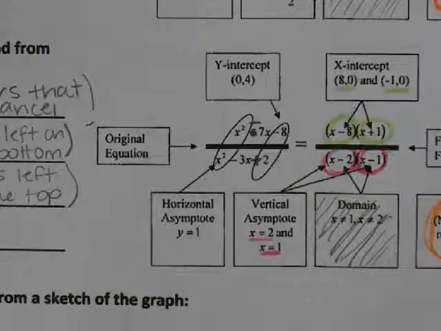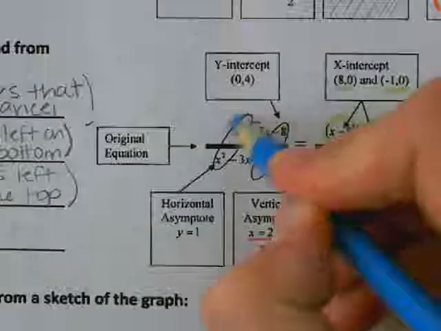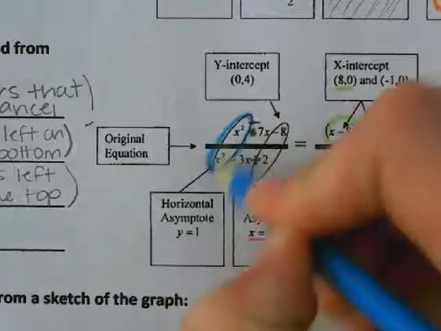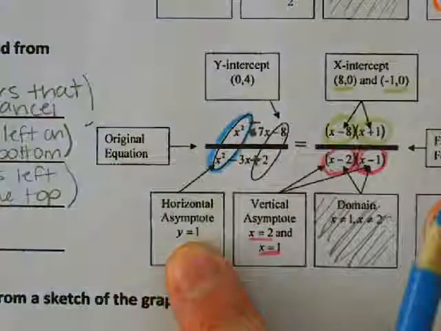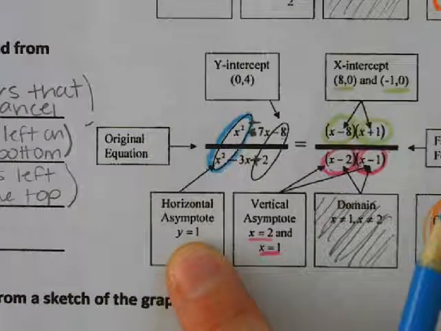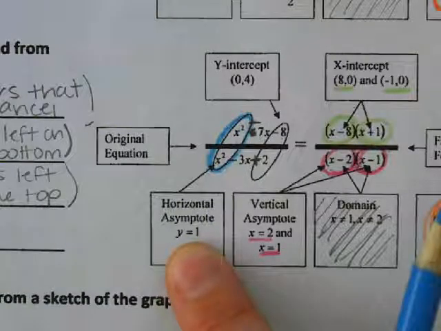So they looked at this problem, and do we agree with them that the horizontal asymptote should be y equals 1? Is that a correct answer, y equals 1? Yeah. So how do we know that that's correct?